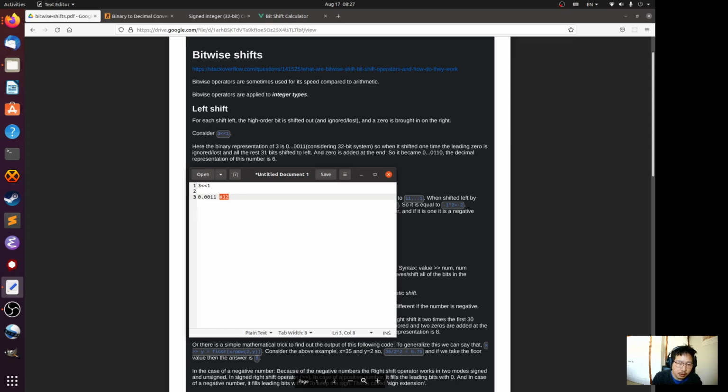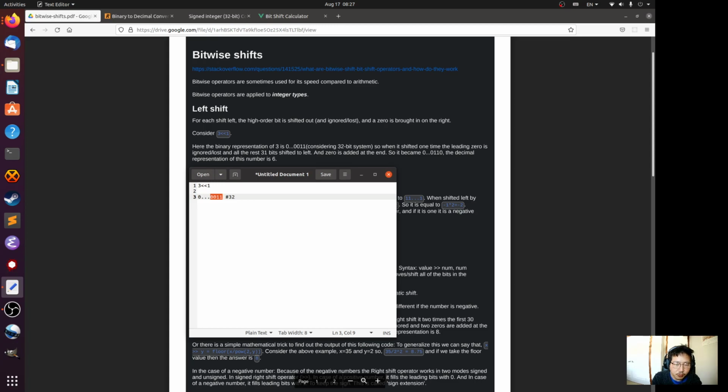What I mean by hash 32 here is just my notation. It just means this number is actually a 32-bit number. What I mean by this dot dot dot means 0 followed by 0 0 0 0 and so on, followed by 0 0 1 1.